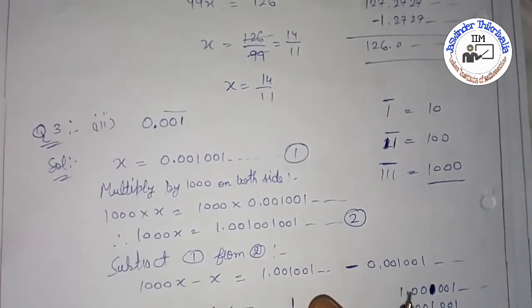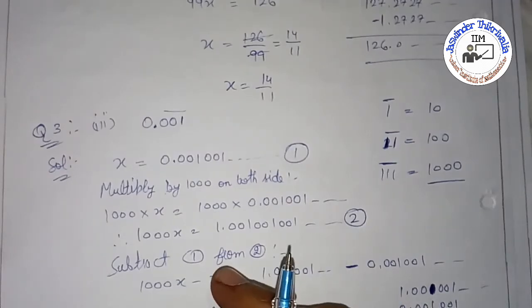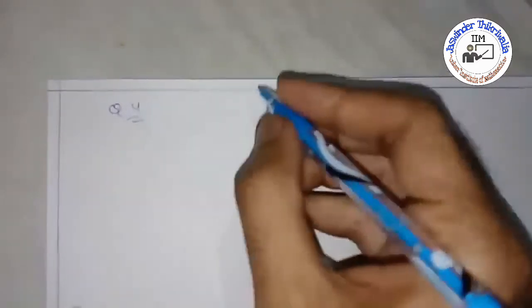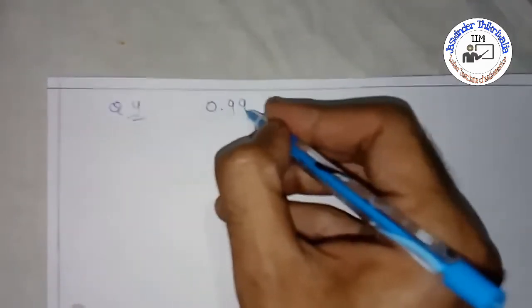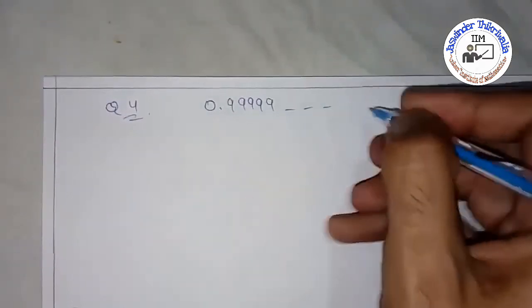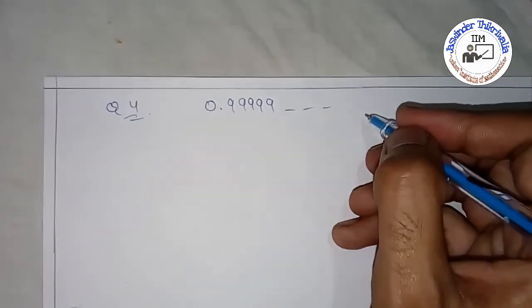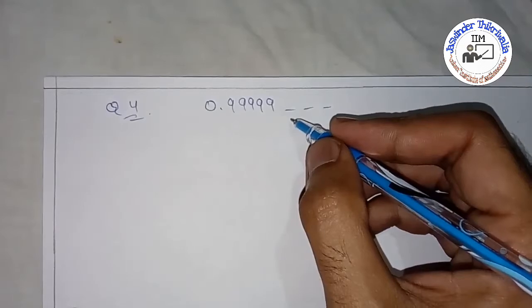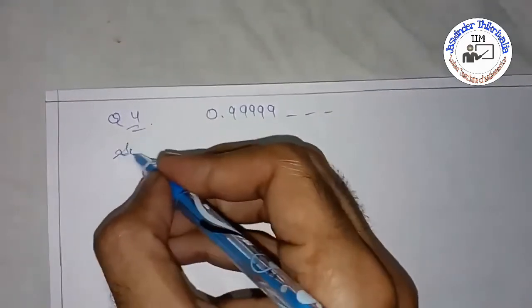Now the next question we will discuss is the p by q form of 0.9999. Question number 4: what is its decimal expansion? This is its decimal expansion, but what will be its p by q form? Same process.